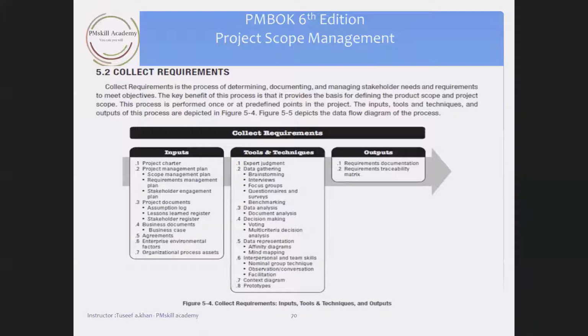Then number 5, we have agreements. There will be many agreements that will give us much information for preparing the scope. So all these requirements are basically for preparing the scope, and scope is the complete project divided.